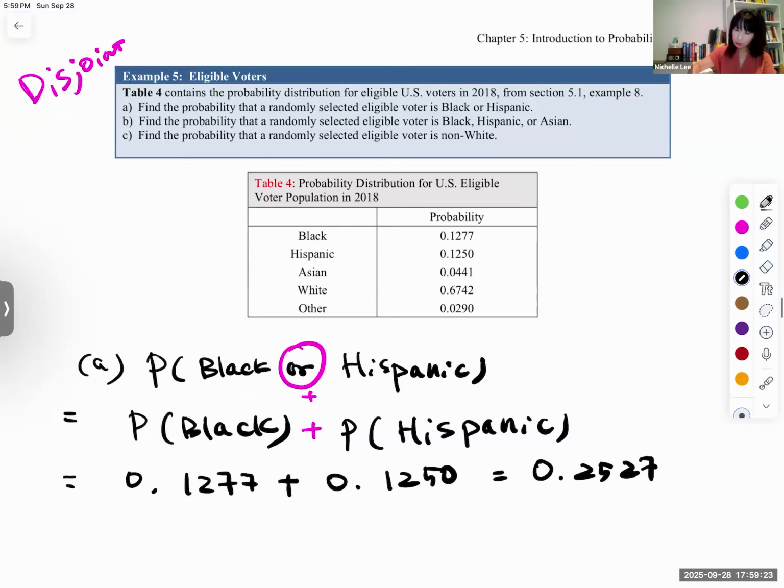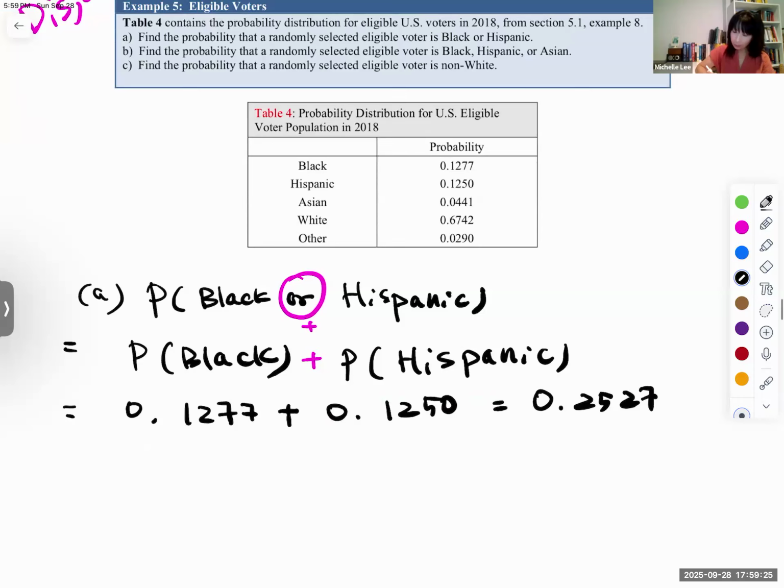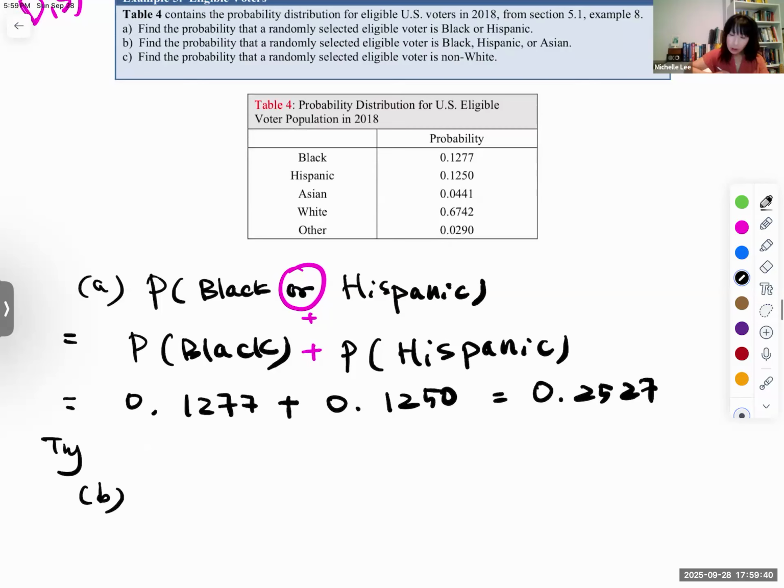Okay, second one, you can try. All right, second one: non-white. How do you do it?